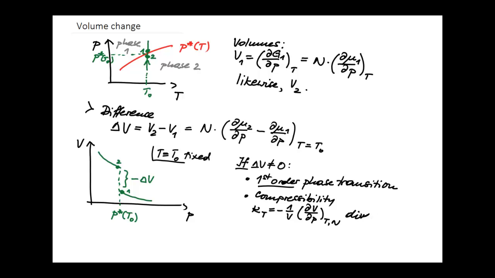And so the compressibility diverges. Once again, this is a signature of instability. It violates our stability criteria.